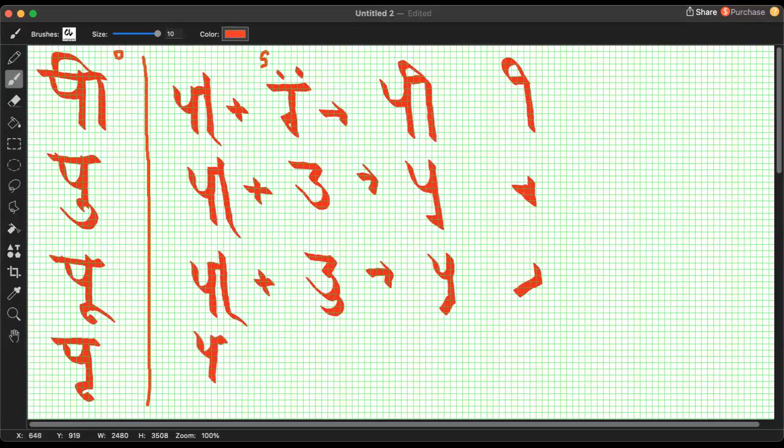I'll first write the root alphabet per and R. When you're writing this, first write per, and here at the bottom, I am just making this curve like this.